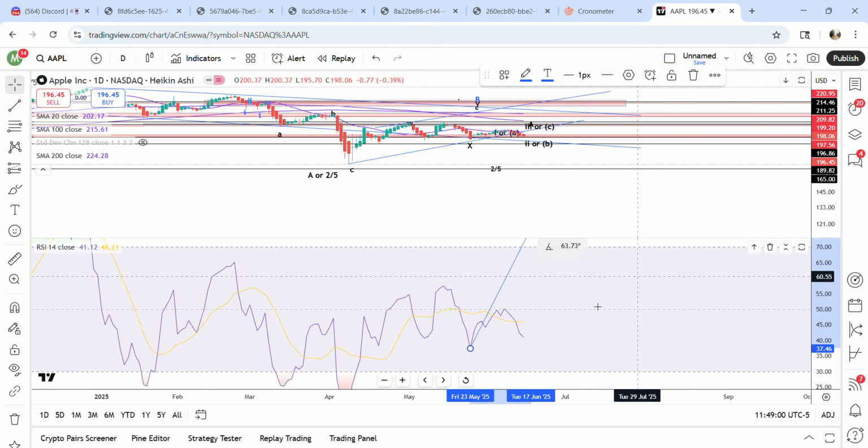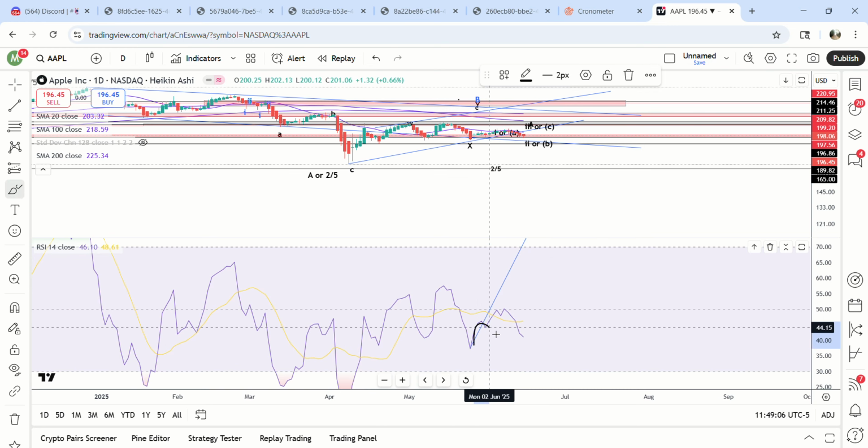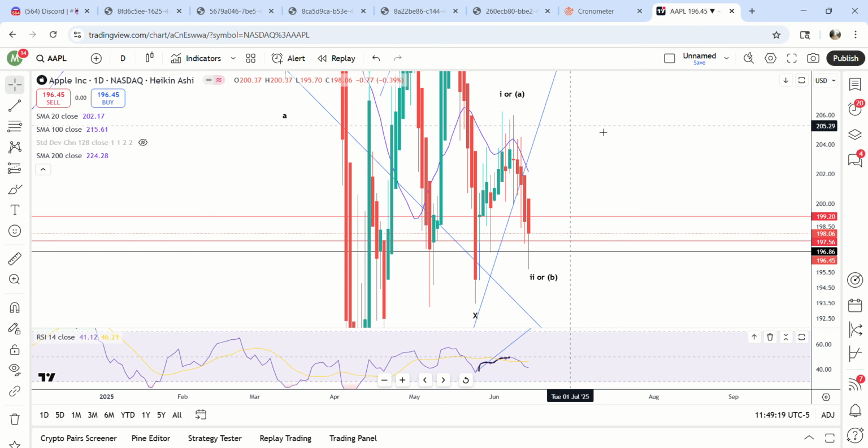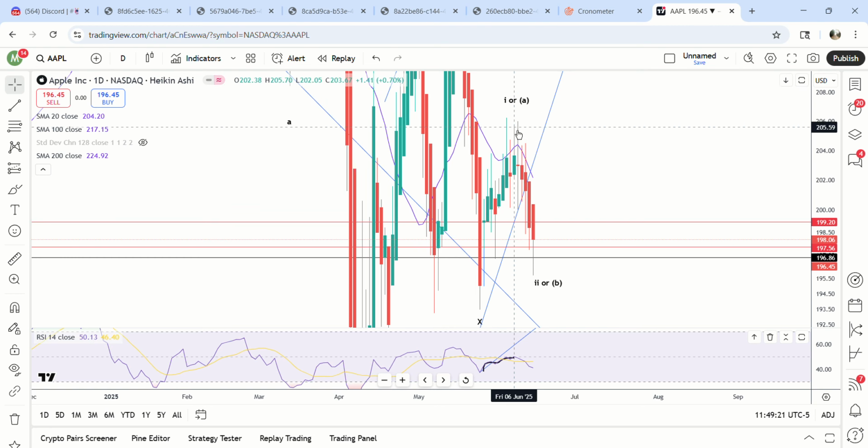This looks like it might have meant to be right here a 5-wave move. Look at this. 1, 2, 3, 4, 5. Let's match that up with the price and see where we're at on June 6th. So June 6th right here.